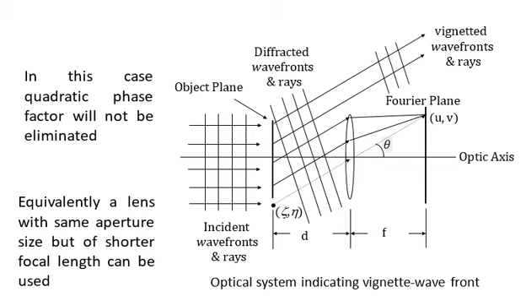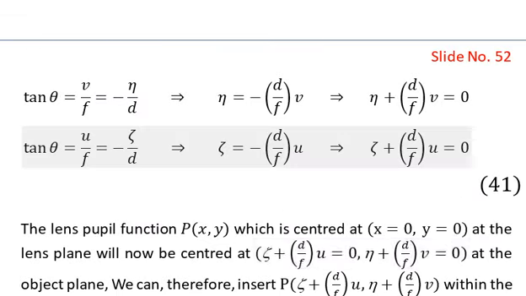Both are making an angle theta with respect to the center of the lens. One has a base equal to d, the other has a base equal to f. So using these two pieces of information in the diagrams, we have found these two expressions. Look at the last expressions only, that is eta plus d over f into v is equal to 0 and zeta plus d over f into u is equal to 0, as in equation number 41.